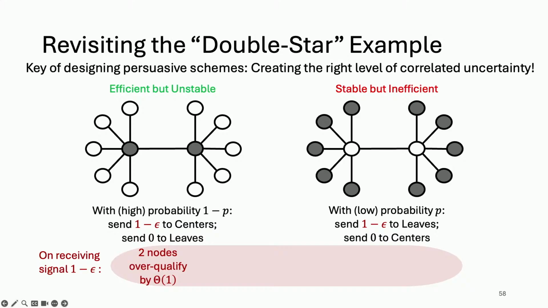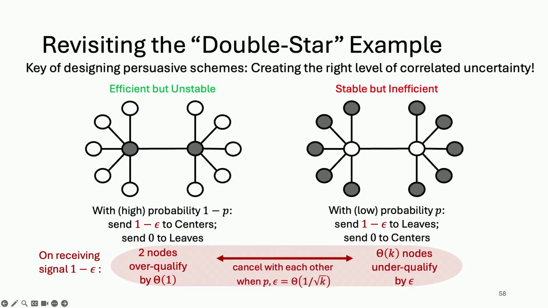But with very low probability, the platform will send the signal 1 minus epsilon to leaves and 0 to centers. In this case, upon receiving the signal 1 minus epsilon, if they follow 1 minus epsilon, the nodes will slightly underqualify, because if all the leaves contribute 1 minus epsilon, it is not sufficient to achieve quality at 1.